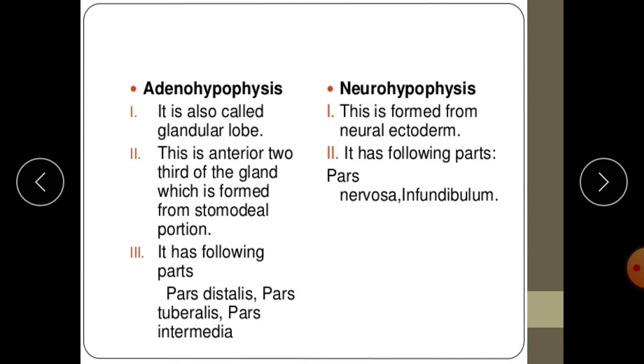This anterior two-third of the gland has the following parts: pars distalis, pars tuberalis and pars intermedia. So the adenohypophysis is divided into three parts: pars distalis, pars tuberalis and pars intermedia.